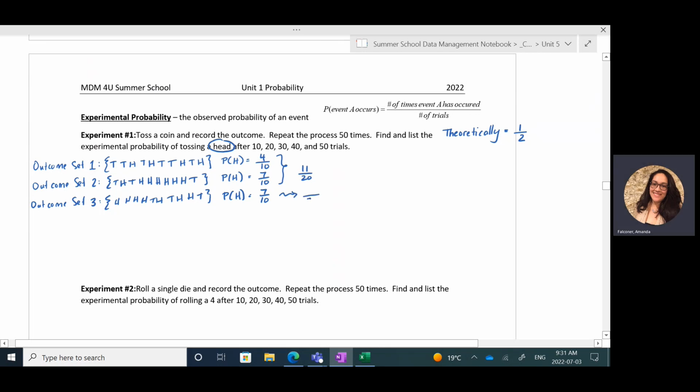So if we grouped all 3 sets together, we'd be at 18 out of 30. Theoretically, out of 30, it should be 15. But we're still kind of bouncing around the theoretical probability. And as we increase our sets here, we should see it getting closer and closer.